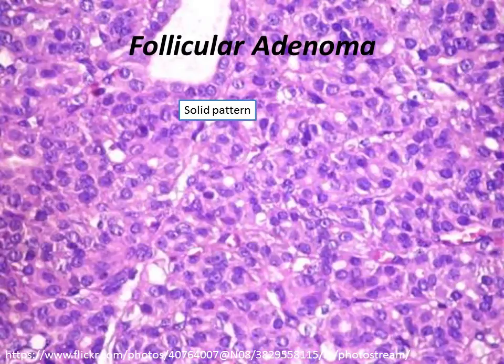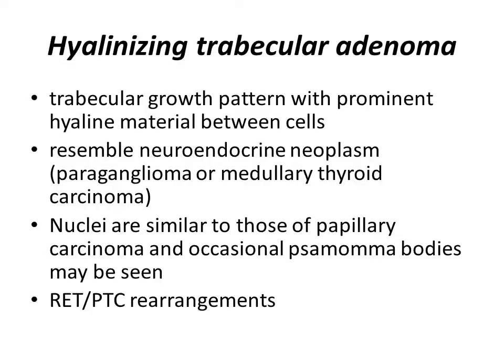The solid pattern resembles more of the embryonal type thyroid with small follicular structures and cells that are usually growing in a sheath-like pattern. The hyalinized trabecular adenoma has a trabecular growth pattern with prominent hyaline material between cells.